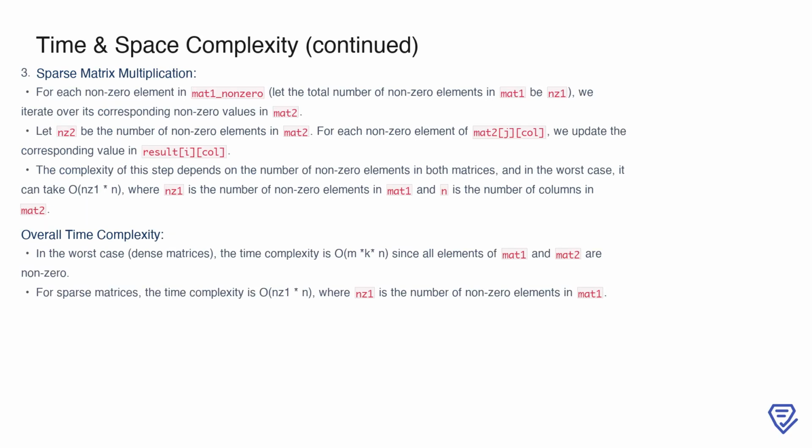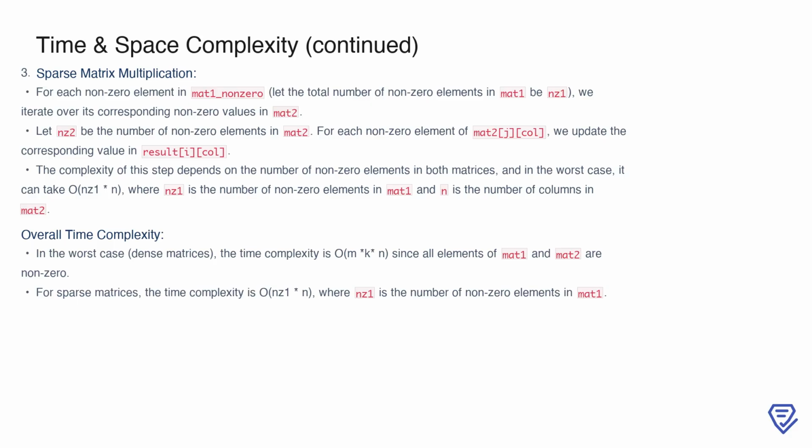Now let's consider the multiplication step, where the actual sparse matrix multiplication takes place. For every non-zero element identified in mat1, which we call nz1, we iterate over the corresponding non-zero elements in mat2. Let's denote the number of non-zero elements in mat2 as nz2. For each non-zero value in mat2, we update the corresponding entry in the result matrix.